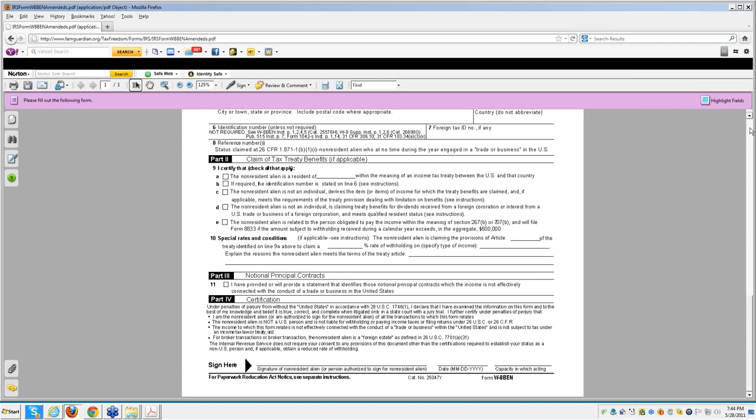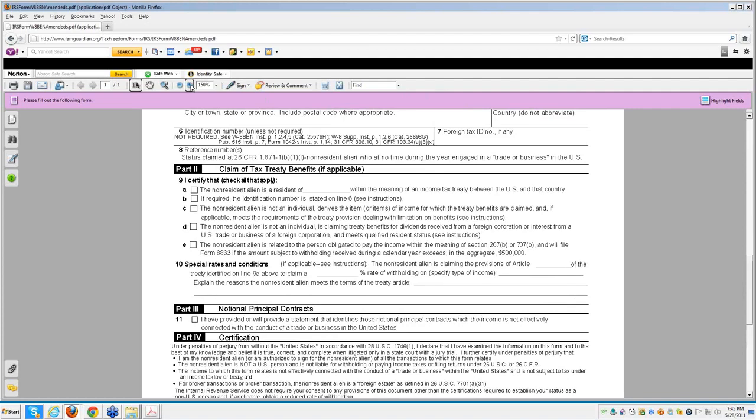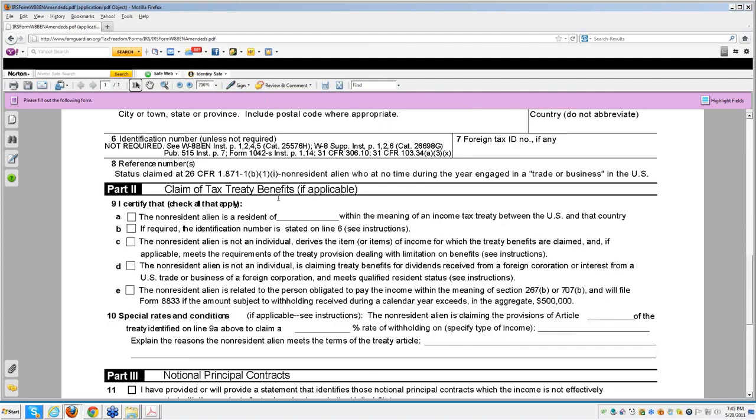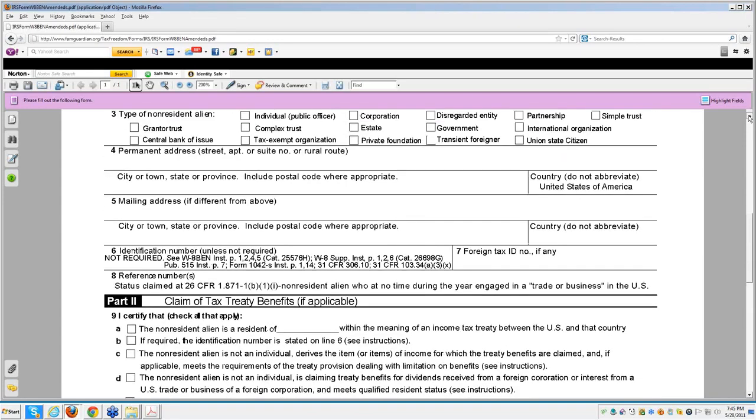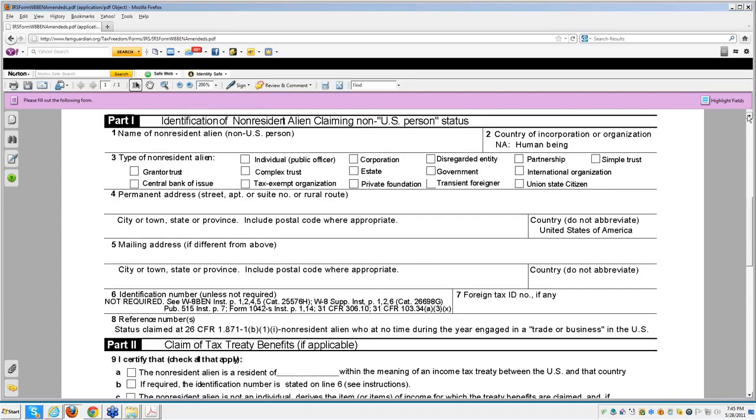You're not claiming a tax treaty, so you don't fill that out. So you don't fill out number 2. Yeah, it says claim of tax treaty benefits. Okay, but we're not doing that. Let's go up here to the top. Part 3? Principal contracts or contacts or some darn thing.